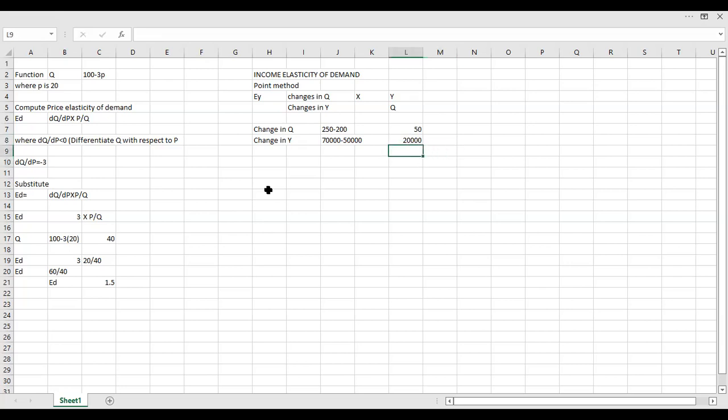So in calculating the income elasticity of demand using the income elasticity function, EY will now be equal to the change in quantity, which is 50, divided by the change in income, which is 20,000, multiplied by income.